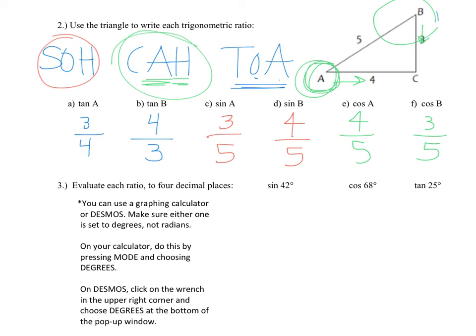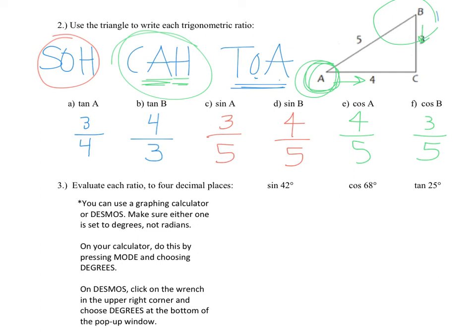One quick note I need to make is that angles, you are used to always measuring them in degrees, which is what we are going to be continuing to do here. But there's actually another way to measure angles, which you haven't learned about yet, which you will learn about in Algebra 2, and that's called radians. So every calculator, whether it's on the computer or on a graphing calculator, can do these ratios with angles that are measured in degrees or in radians.